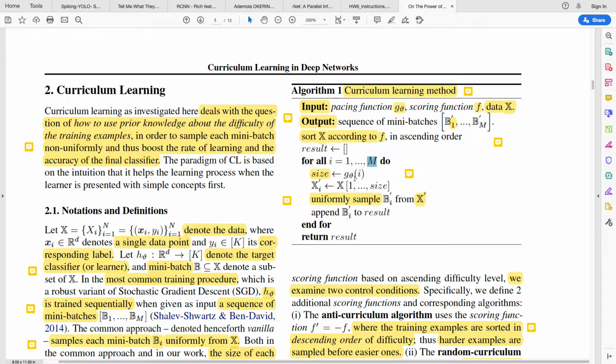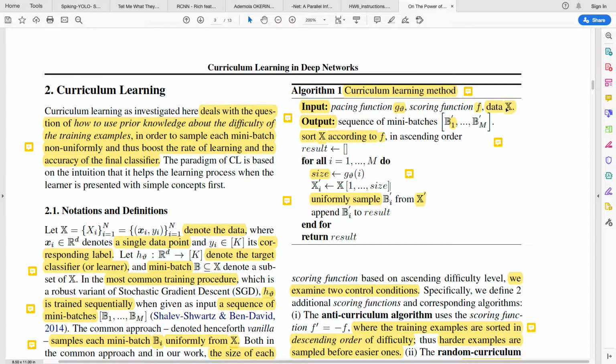The size is determined by GB, your pacing function, which says how many samples you should have in the first batch. Then you take that number of samples from your training data X.